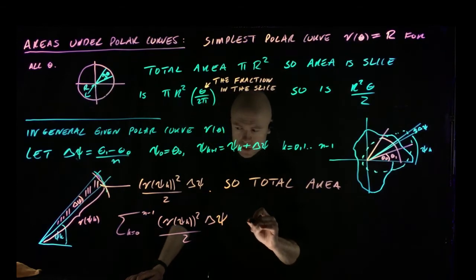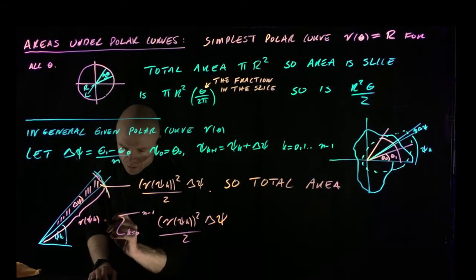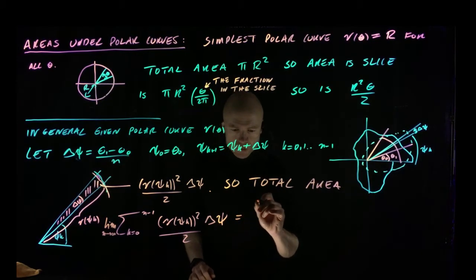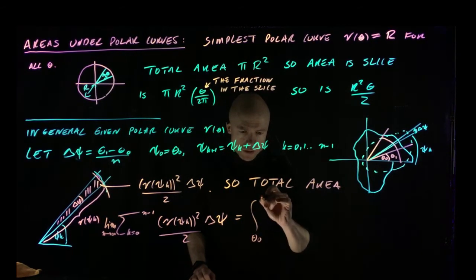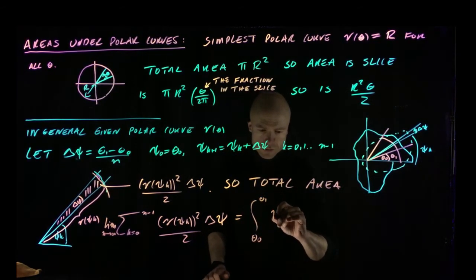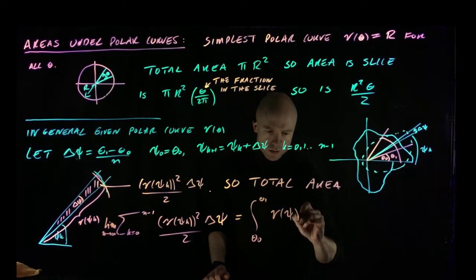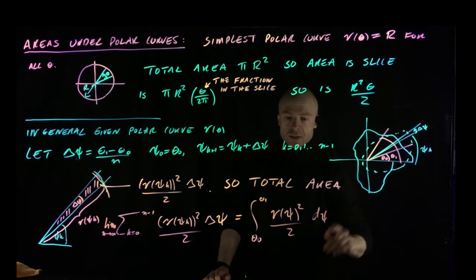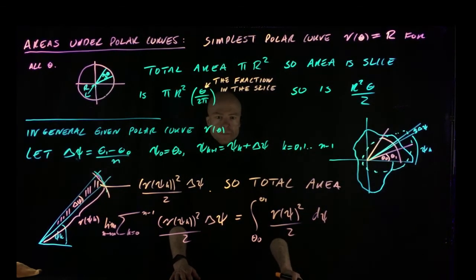So if we put the limit signs over this, the limit as n goes to infinity of this thing is just going to be the integral from the angle theta 0 to the angle theta 1 of r of phi squared over 2 d phi, and that's it. Easy, right?